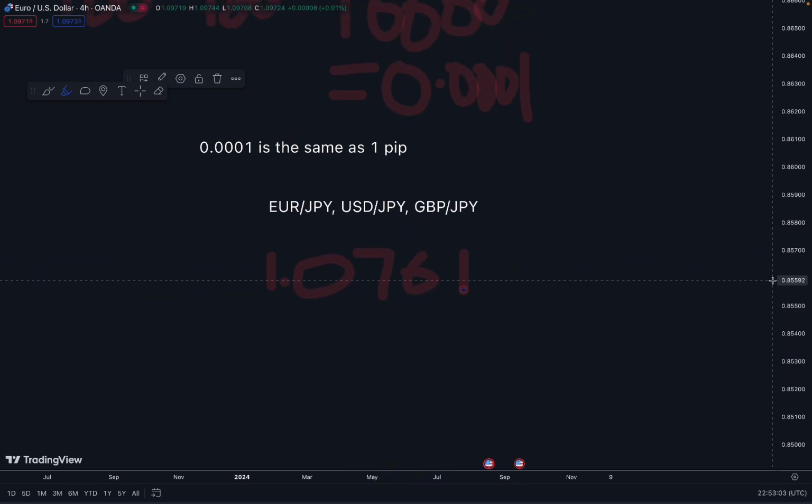From the 1 pip calculated from the 0.0001, this means currency pairs are always quoted to 4 decimal places, and the fifth number that we always see on the trading platform is not used in calculating the pips, because it is used only to determine how long we are going to get one pip, just like the seconds in time.